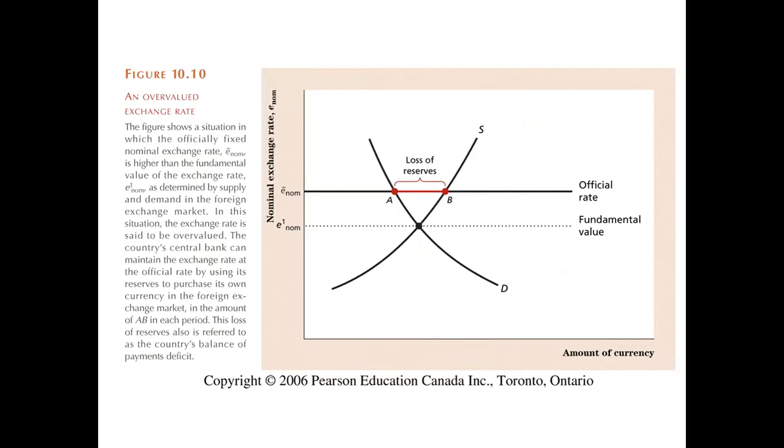And E bar nom is our officially fixed nominal exchange rate, and E superscript 1 nom is the fundamental value. Now, the official rate is fixed above E sub 1 nom, our fundamental value. In that case, we can see that the currency is overvalued.